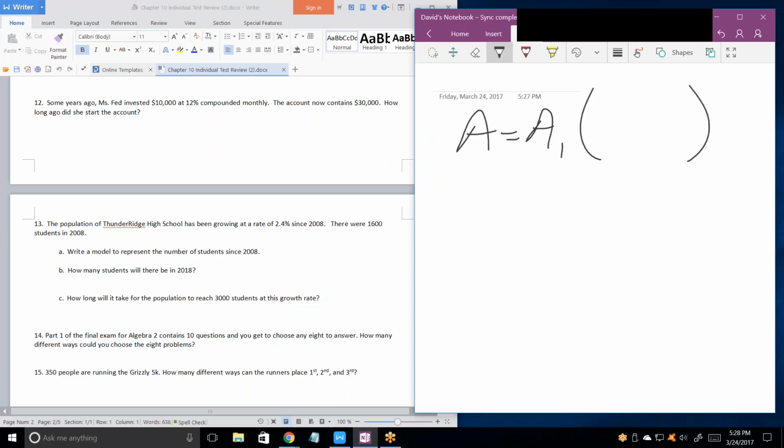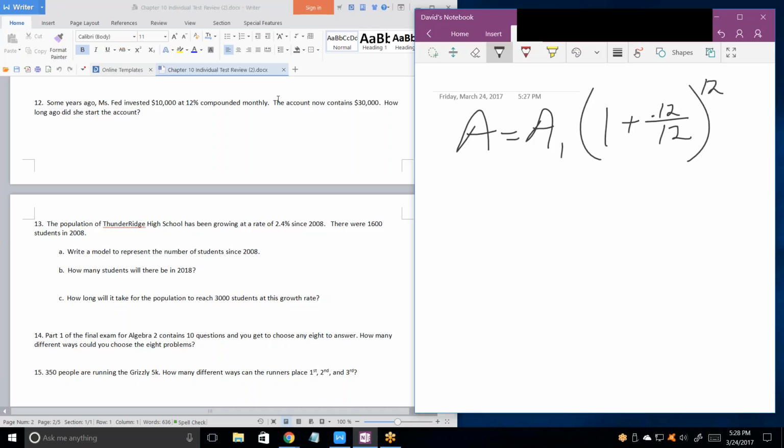So it equals the first term, then a 1 plus the percent. Well, 12% is the number 0.12. And then divided by 12 because monthly. And to the power of 12t.